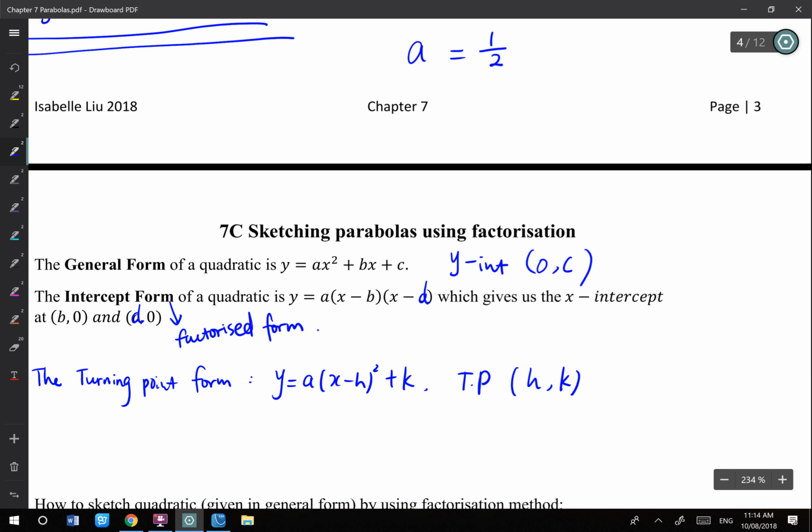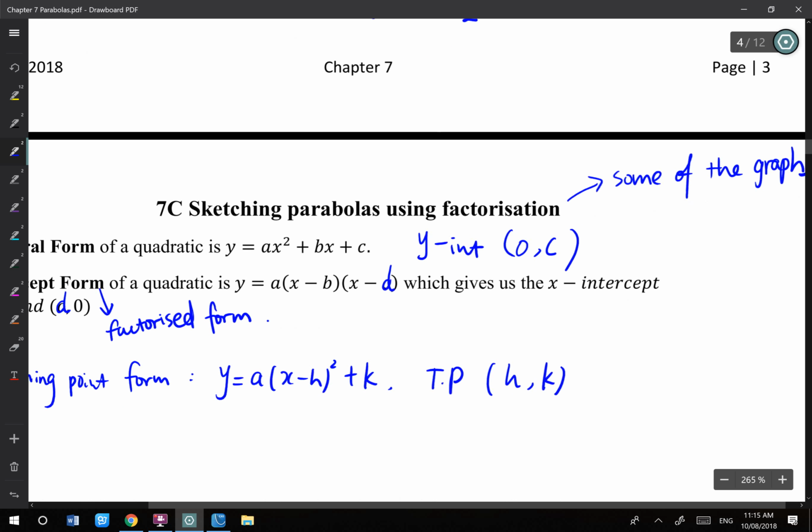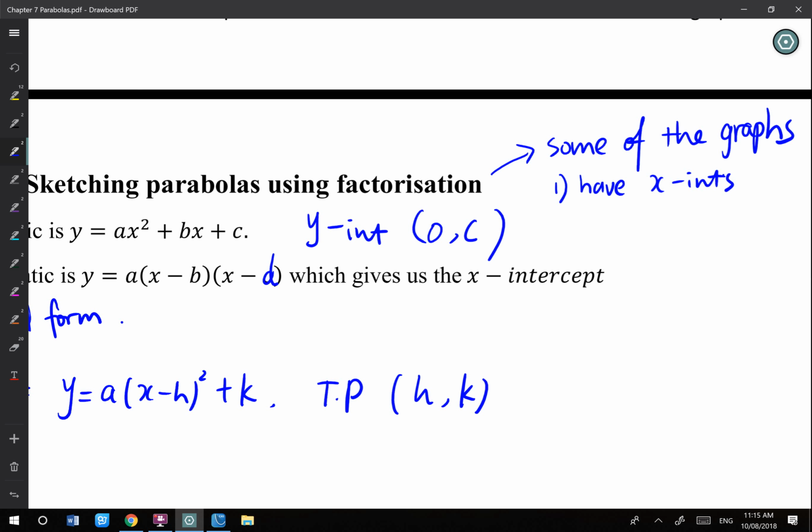for the factorized one. This one only works in some of the graphs. Okay, what kind of graphs? Well, at least it needs to have x-intercept. If you don't have x-intercept, you know there are graphs that have no x-intercept, you can't factorize.